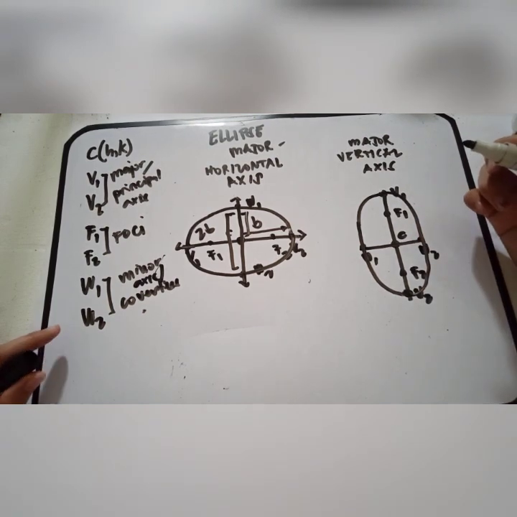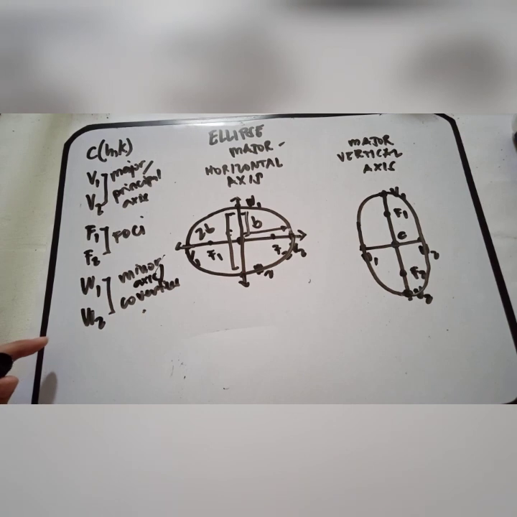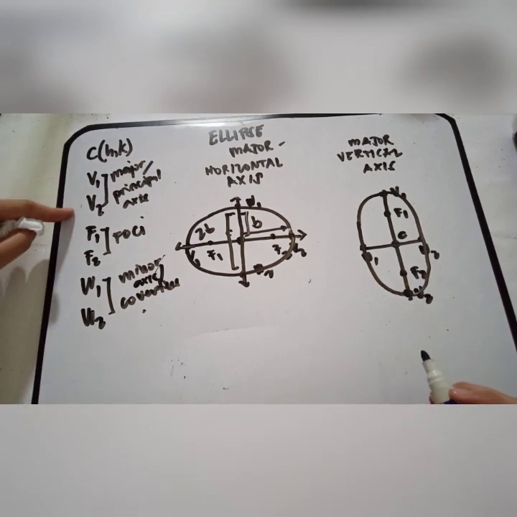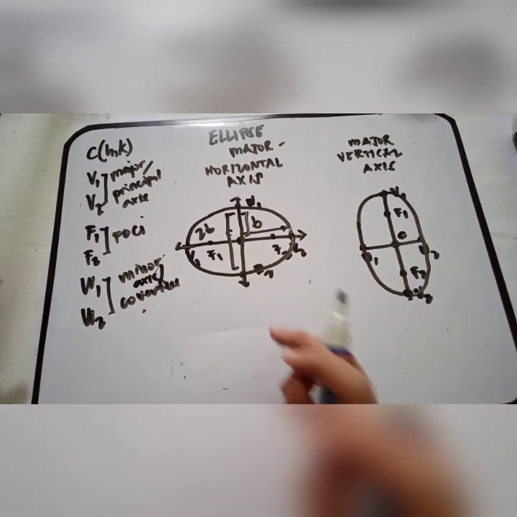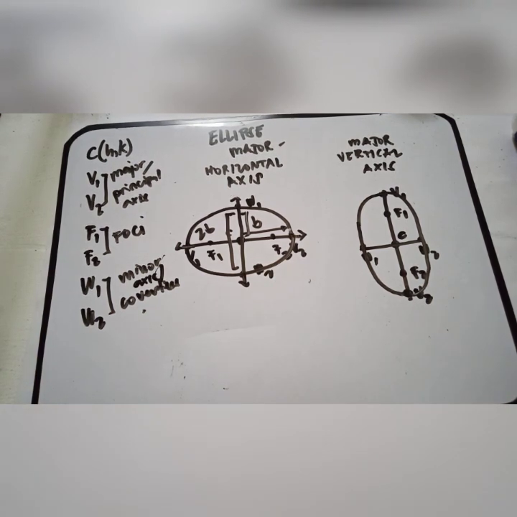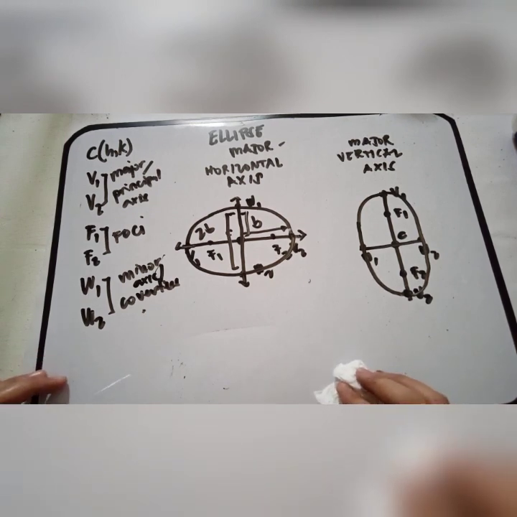Okay. Clear for this one? Okay, tandaan po ha. Always remember that the vertex and the focus are always collinear with the center. Collinear, ibig sabihin magkasama sila sa isang line. Yung mga coordinates natin magkasama sa isang line. Okay?